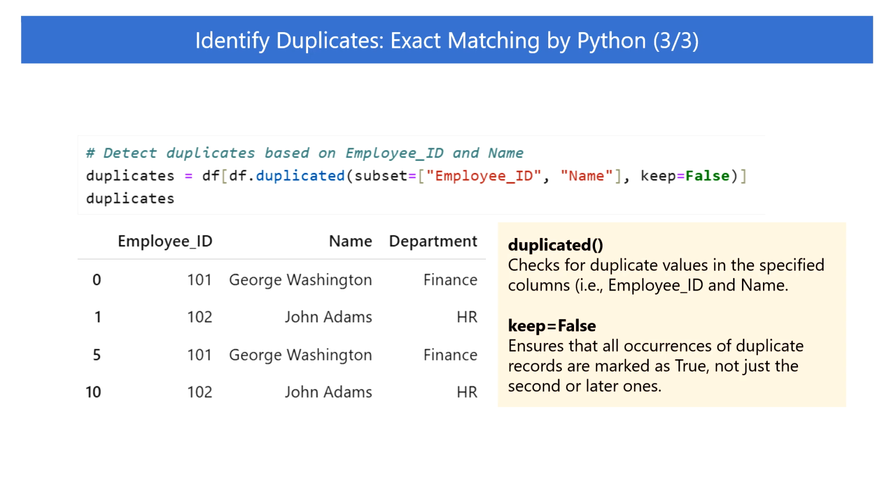The keep equals false argument ensures that all occurrences of duplicate records are marked as true, not just the second or later ones. By selecting only duplicated cases using square brackets, we store the result as a variable named duplicates. By displaying this variable, we can see all duplicates in this dataset.